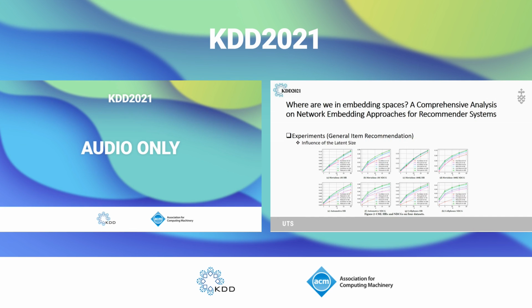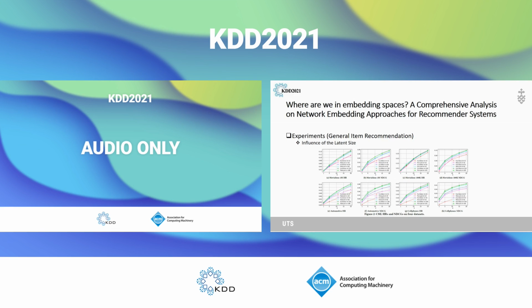Then let's see how the latent size influences the performance of hyperbolic space. Again, we use the result of CML as an example. Let's focus on the pictures in the second row. We can observe that the improvement of hyperbolic space over Euclidean space decreases as the latent size increases. When the latent size is 10, hyperbolic space significantly outperforms Euclidean space.